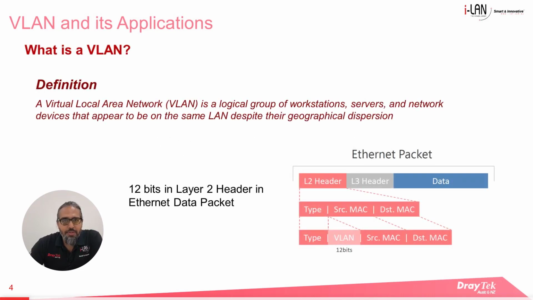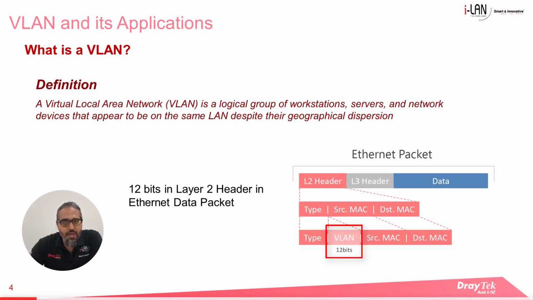If you were to look up the definition of a VLAN, it would read: a virtual local area network, VLAN, is a logical group of workstations, servers, and network devices that appear to be on the same LAN despite their geographical dispersion. The VLAN information is in the Layer 2 header of an Ethernet data packet as shown in this diagram.